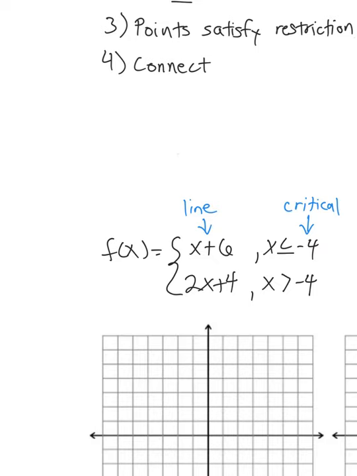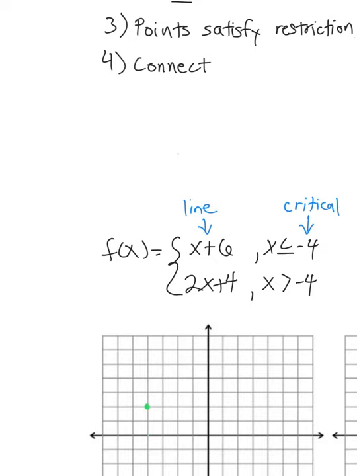Okay, so first line, x plus 6. So we want negative 4, where x is less than or equal to negative 4. So I'm going to go back to negative 4. 1, 2, 3, 4. If I plug that into our equation, that is 2, negative 4. I'm going to do a closed circle first because it is less than or equal to.